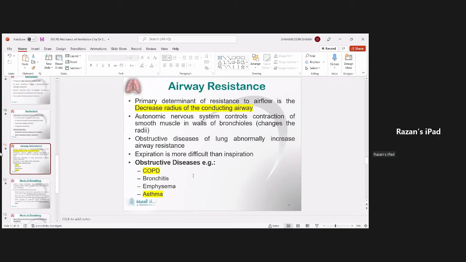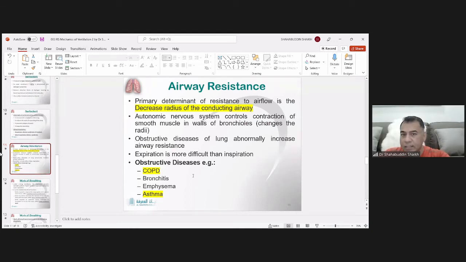Okay. I'm going to summarize airway resistance again. Increased airway resistance decreases airflow. Airway resistance will increase when there is a decrease in the radius of the conducting airway, that is bronchoconstriction. Decreased radius causes increased airway resistance.